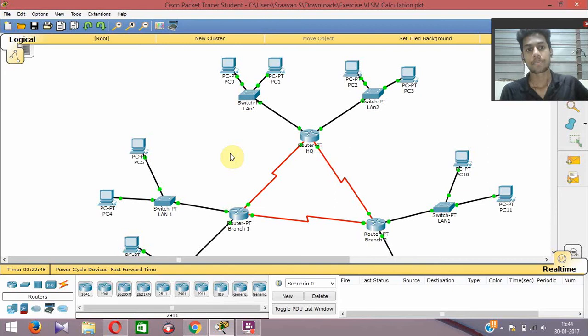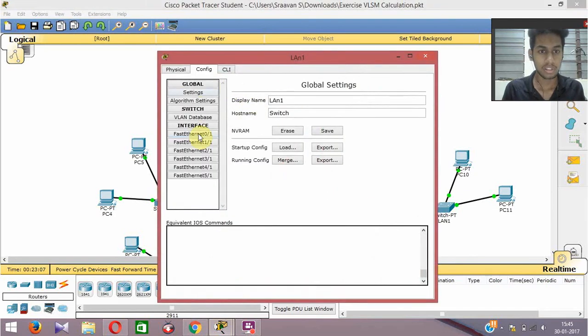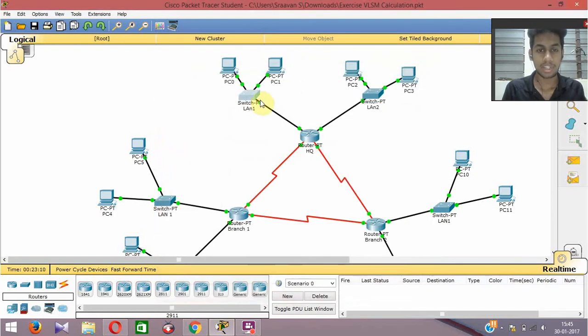So totally we'll have a /26 network. So here we have the subnet mask of these two LANs, LAN 1 and LAN 2 of the headquarters, as 255.255.255.192, and this can be considered as one network, which is a subdivided network of the /24 network 192.168.1.0.